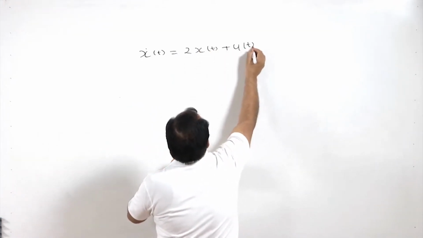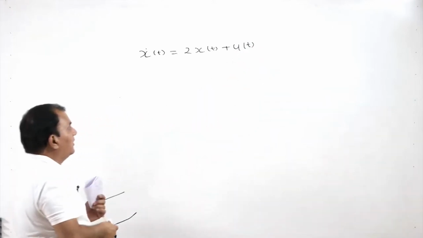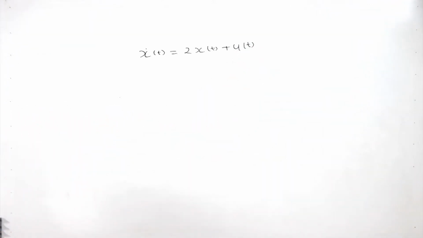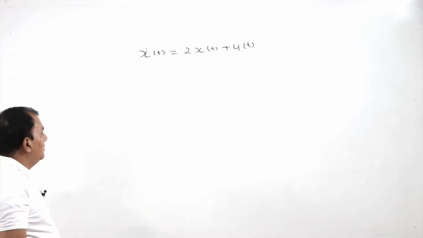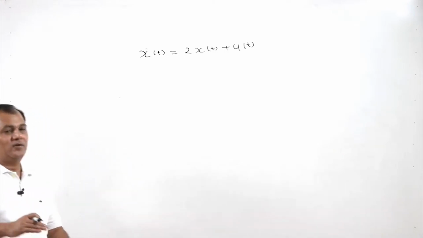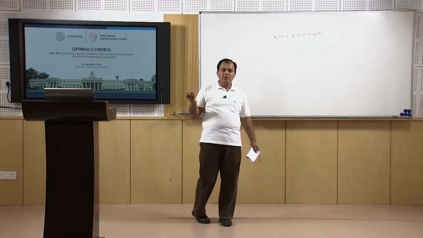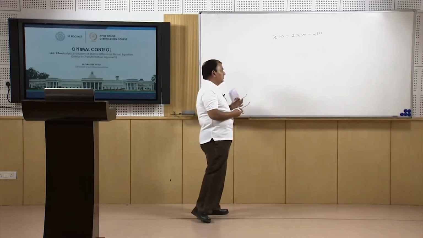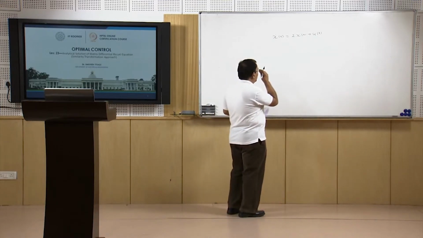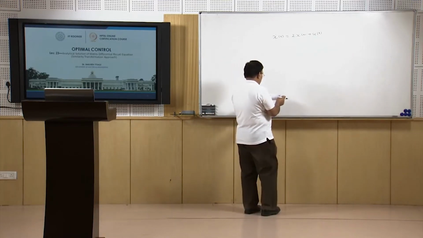We are taking a first order system which will give me a second order Hamiltonian, which can be easily solved by the manual approach. If our system is bigger, then we have to use the computer to solve this matrix.